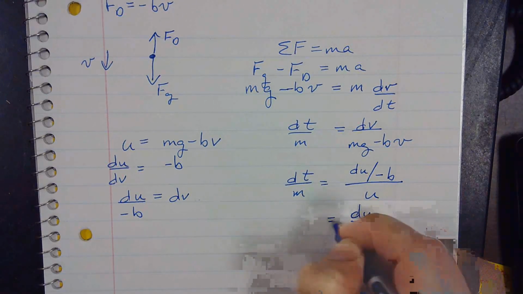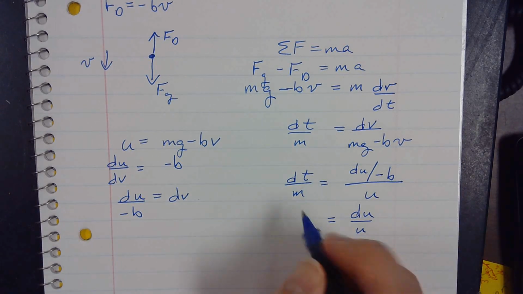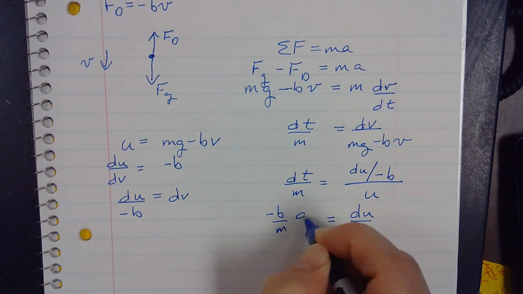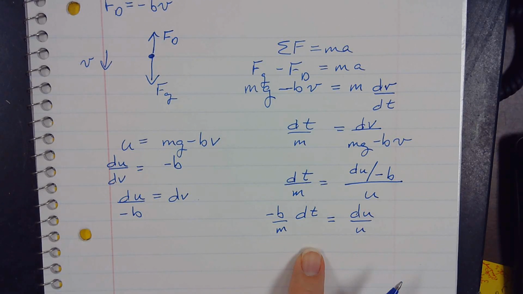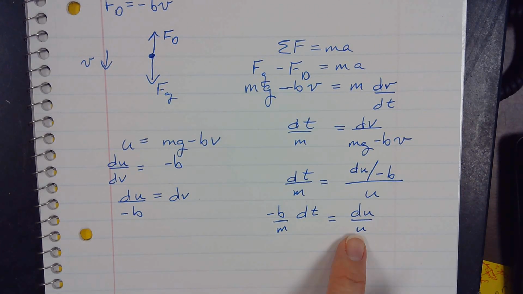And then one more algebra step. Just multiply both sides by negative b. Do you see that this is the exact same thing that we already integrated? So by rearranging this, it's the exact same thing.